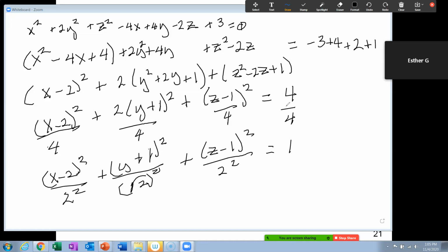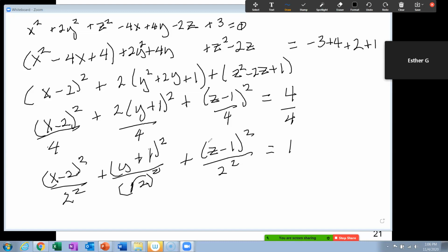Well, number 1, this tells us what kind of surface it is going to classify it for us. Remember, all 3 of these variables, the x, the y, and the z, are all squared. So that means it's either a sphere, an ellipsoid, or hyperboloid. Because if one of them was not squared, that would have been a paraboloid.